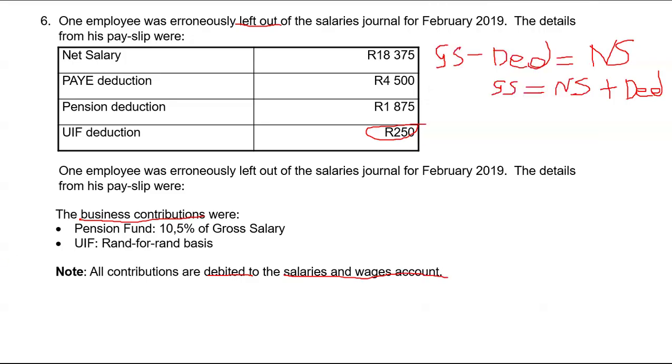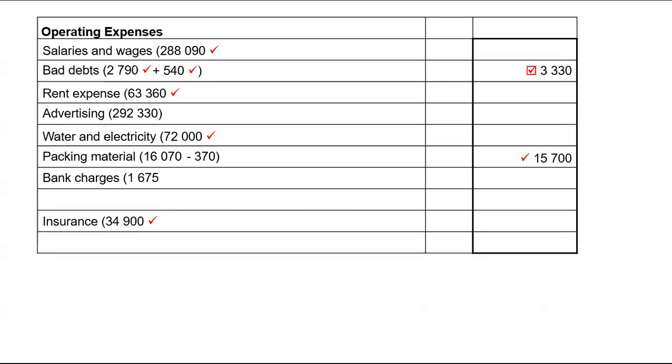What do we do with that 25,000? That 25,000 will be added to salaries and wages. Salaries and wages, we find them under operating expenses. And that's it. There's nothing else we can do.